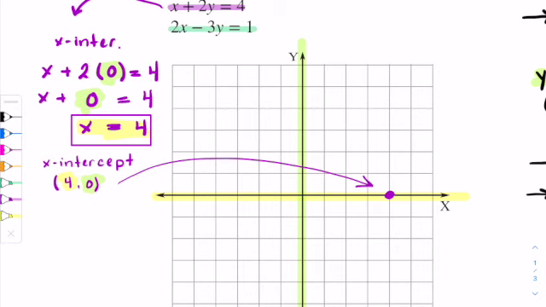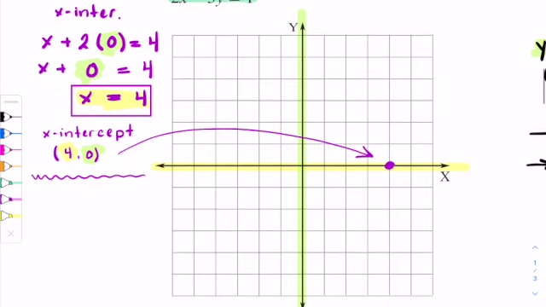All right, now let's find our y-intercept. Following the directions above, the y-intercept is found when you set x equal to 0. Using our function, we have 0 plus 2 times y is equal to 4. When we solve for this, we have 2y equals 4.